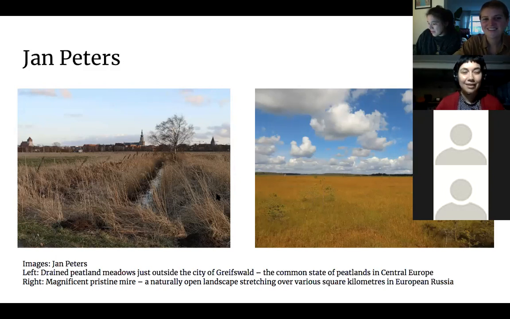The future of peatlands is wet. I grew up in a northwestern German city surrounded by peatlands, but all of them drained, mostly used as grassland for cattle farming. Although many places in the countryside had the word moor, German for peatland, in their names. These were meadows with cows and deep ditches in my childhood memories.